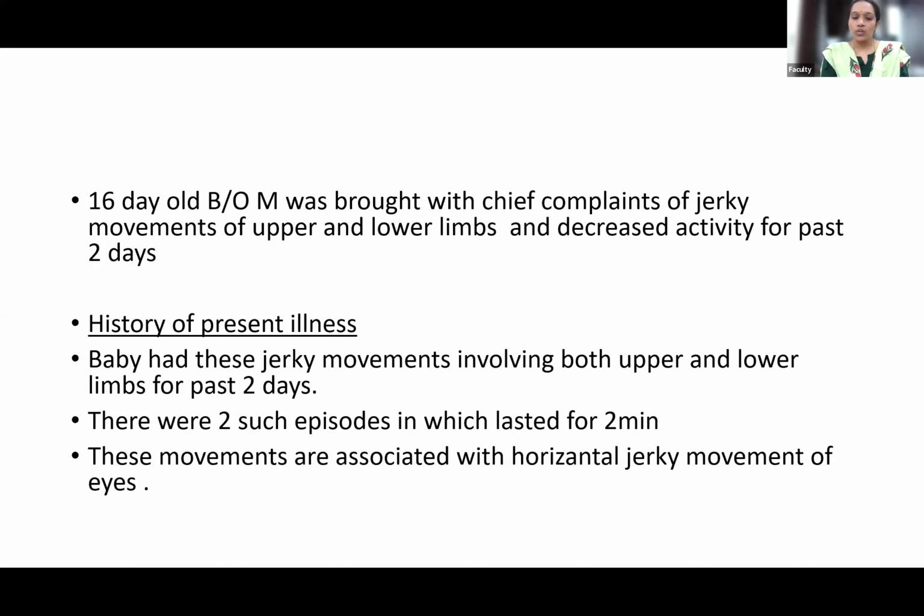Mother described it as the movements started first in the upper limbs and then followed by lower limbs. There were 2 such episodes in the past 2 days, which lasted for 2 minutes. Along with these jerky movements, she also observed that there was horizontal jerky movement in the eyes too.